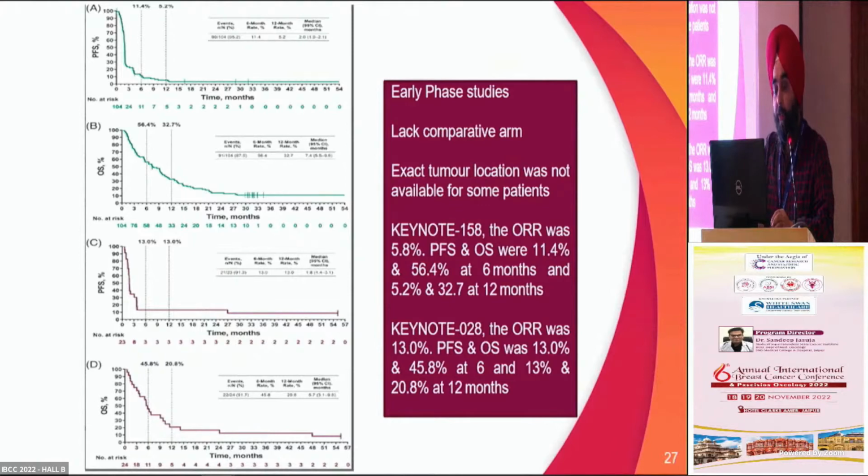In KEYNOTE-158, the overall response rate was 5.8%, with PFS at 6 months of 11.4 and at 12 months of 5.2, and in the other the overall response was 13%. So it's just a marginal overall response rate, and that too in patients with MSI high or high TMB.